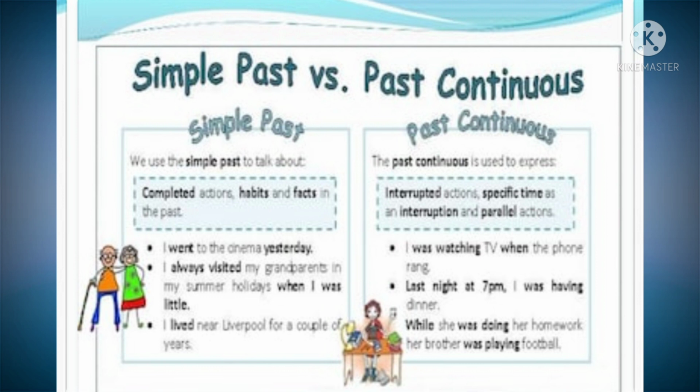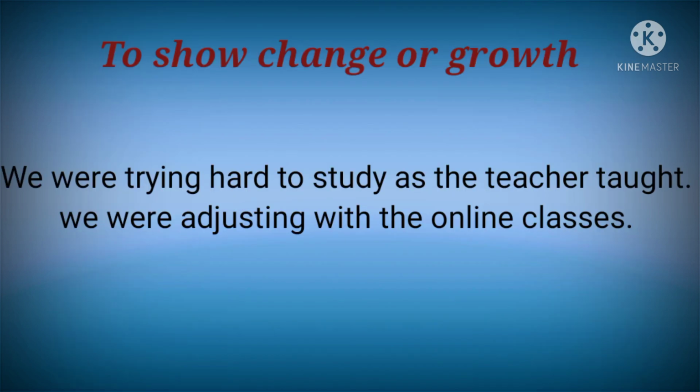Okay, children, I told you before, if there are two actions and one action completed at a particular point of time, we use simple past, and the other action continued for a long time in the past, we use past continuous. But if both the actions are continuing for a certain period of time, we use past continuous in both places. The other usage of past continuous is to show change or growth.